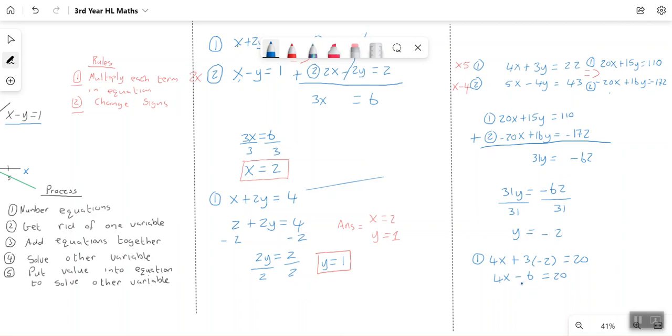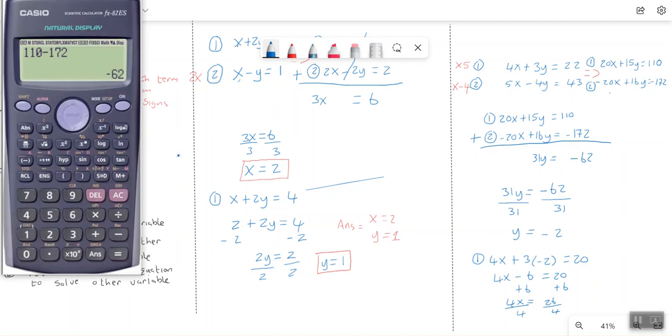So now we can add 6 onto both sides. So add 6 here, add 6 here. 4x is going to be equal to 26. And then if we divide both sides by 4, so 26 divided by 4 is going to be equal to 6.5.